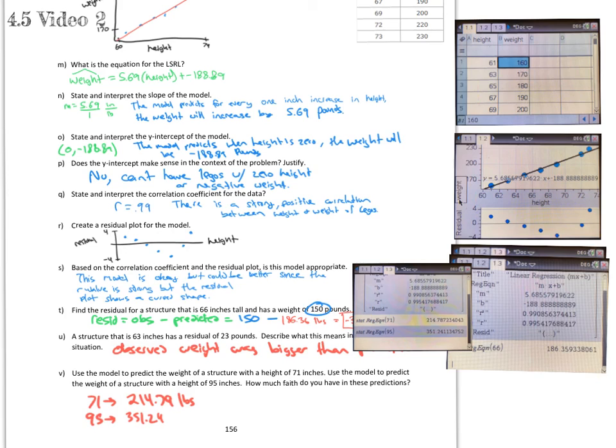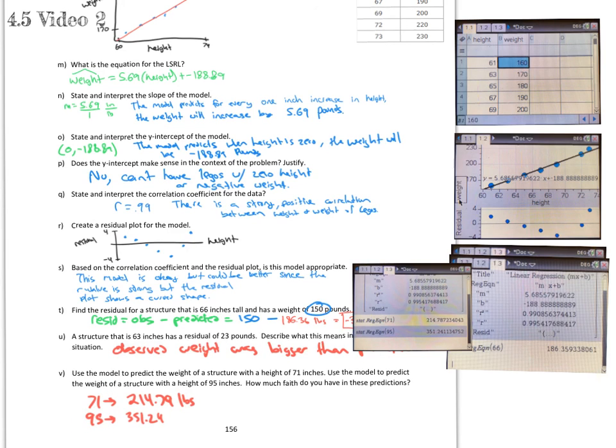Now, when it asks how much faith do you have in these predictions, some faith, because it was an okay model, but it wasn't a great model. But one of the things we got to watch out for is this 95. If you go back and you look at all the data we collected, the biggest height was 73. And 95 is way out of that range. 71 is within the range, but 95 is way out of that range.